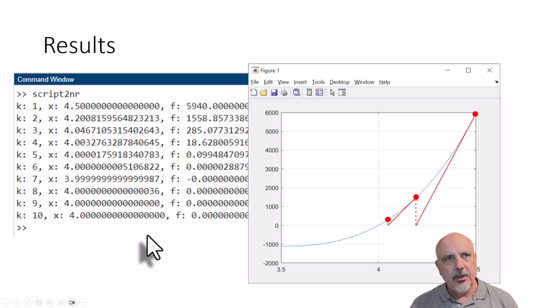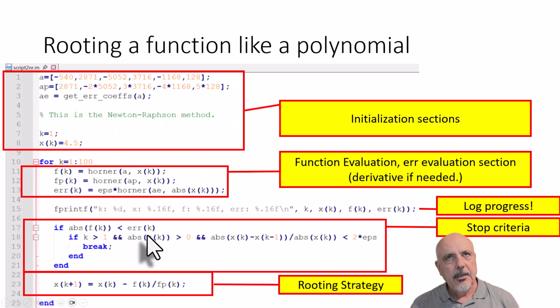So that's very instructive. This is the basic rooting technique, where you have some initialization steps up here. You have a for loop. Then at the top of the for loop, you do your function evaluation, everything you need.